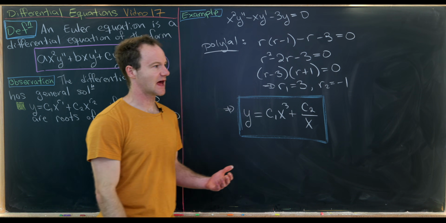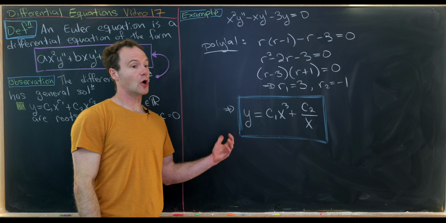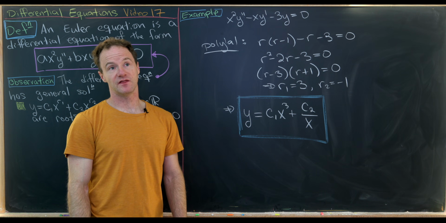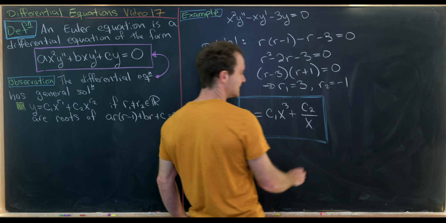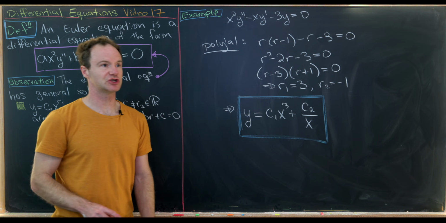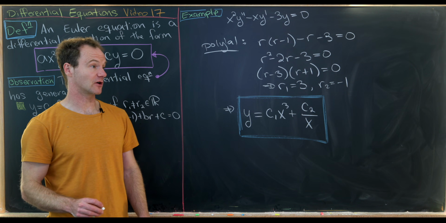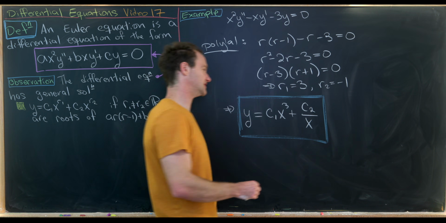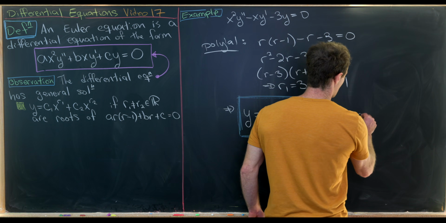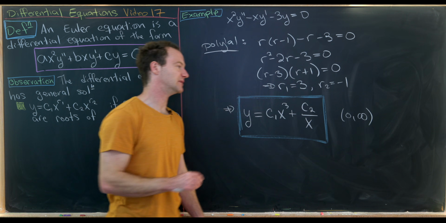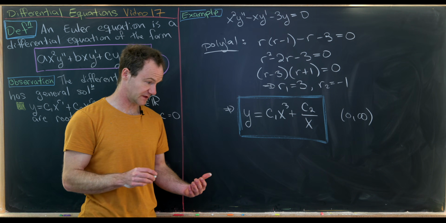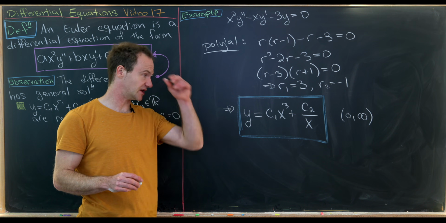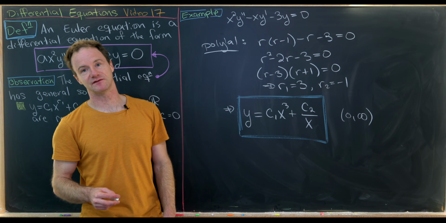But that means that our solutions only work on intervals that do not include that 0. So in this case, we could take this solution to be valid either on the interval from minus infinity to 0 or on the interval from 0 to infinity. So we'll take our interval of validity to be 0 to infinity for all of these. That being said, you can do a similar construction to get the interval to be minus infinity to 0.